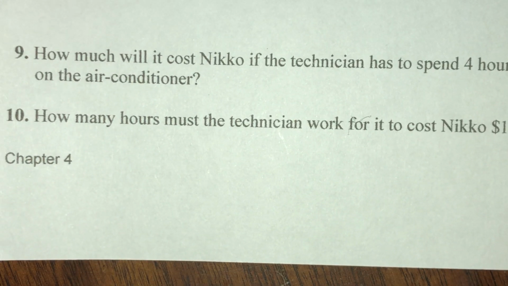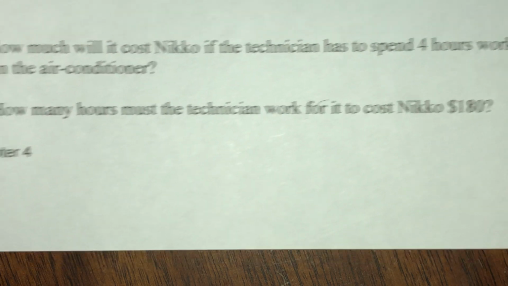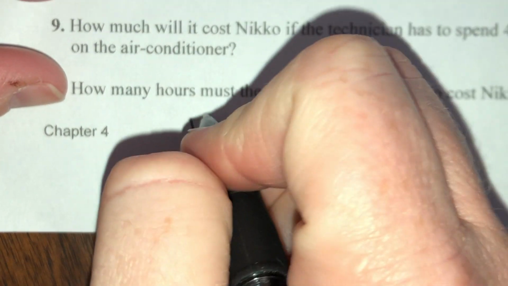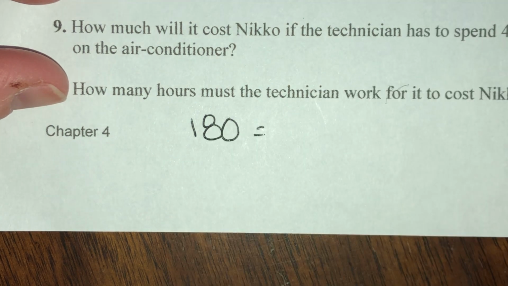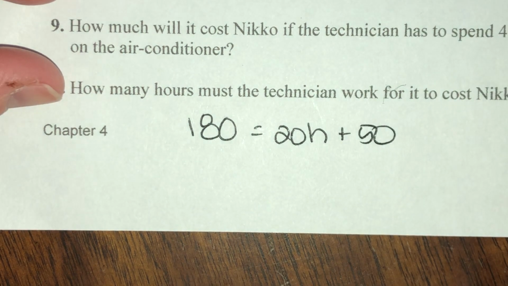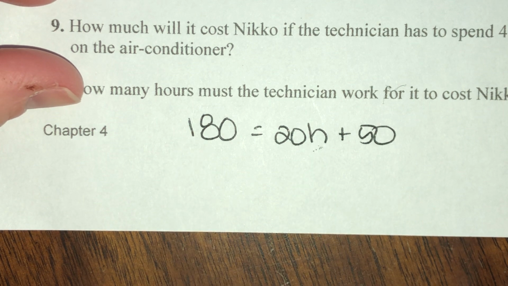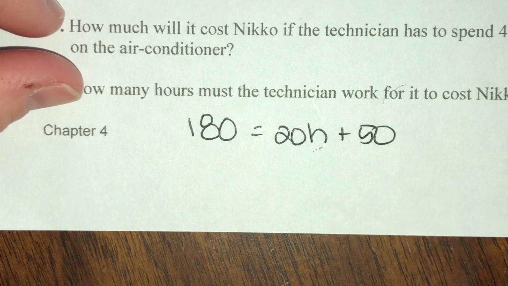And then the last question here, number 10, how many hours must a technician work for it to cost Nico $180? So if the total cost is $180, and we know that it's $20 per hour plus a $50 fee, how many hours would they have had to work for a $180 bill, right? So I'm going to solve for H, get H alone.